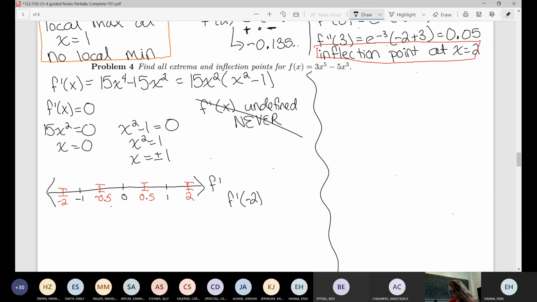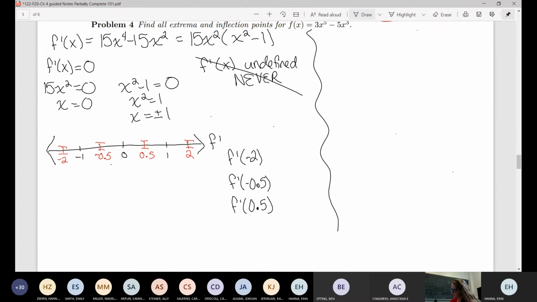So we have to plug all of these into the first derivative. We're kind of running short on time, so I'm going a little quick. I'm just going to tell you what these numbers are, and hopefully you'll trust me, or you can punch them into your calculator and look at it later. So we've got 15 times 0.5 squared times 0.5 squared minus 1, which gives us negative 2.8125.